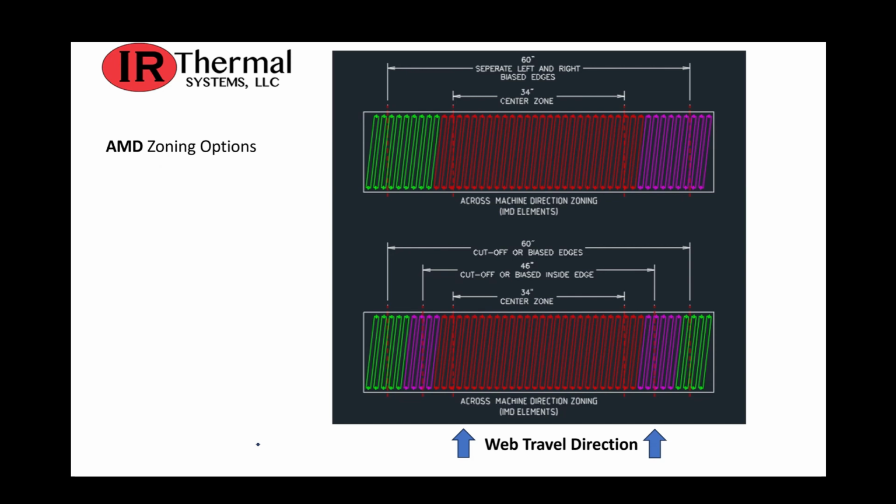You also have a different section on the bottom. You can see you have the same 60-inch width, but you also have additional zones. You have the green and the purple as well as the red, and that allows you to give different temperature bias to separate sections of the web, depending on what makes for the best product quality.